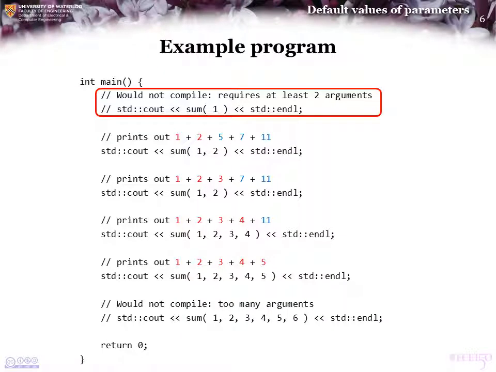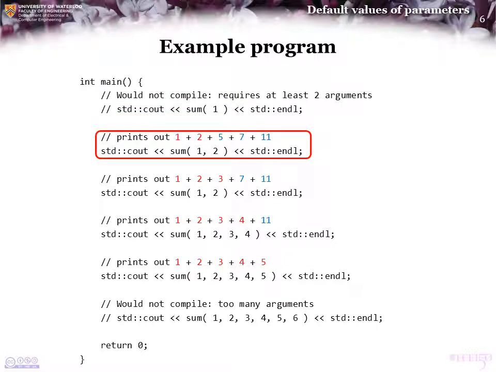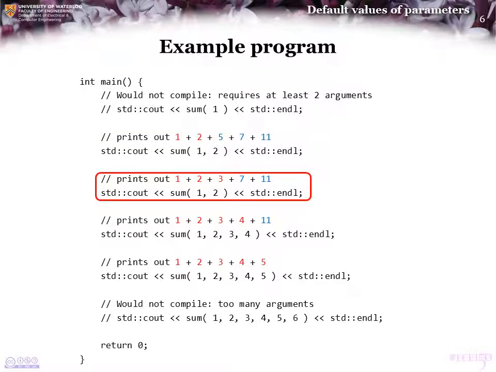So here's an example. We're using this function sum, and I commented out this first function call because it wouldn't compile. It only calls sum with 1 argument. In this case, 1 plus 2 is the calculation that results from the sum of the first 2 arguments, but then 5, 7, and 11 are the default values for the 3rd, 4th, and 5th parameters. If the user provides 3 arguments, then those 3 arguments are used and only the 4th and 5th parameters take on their default values.